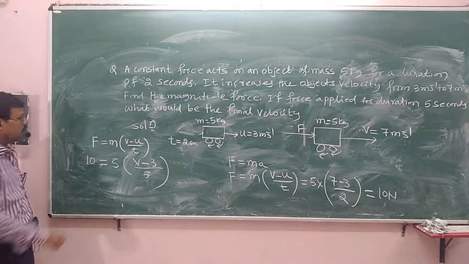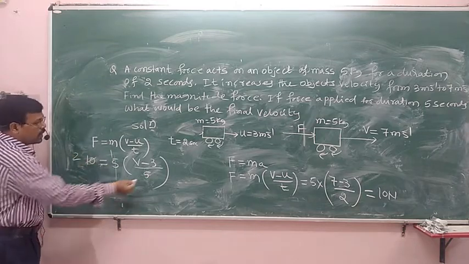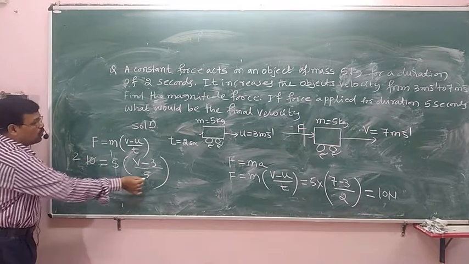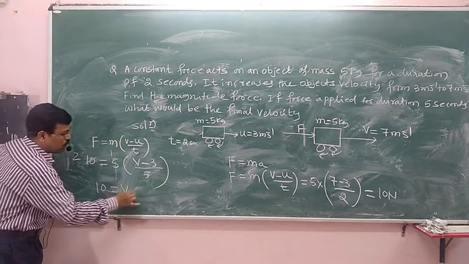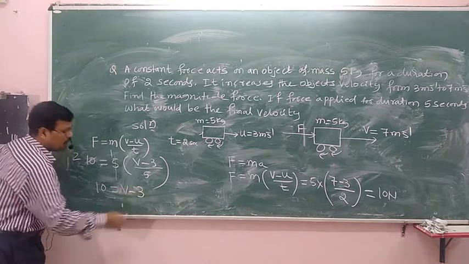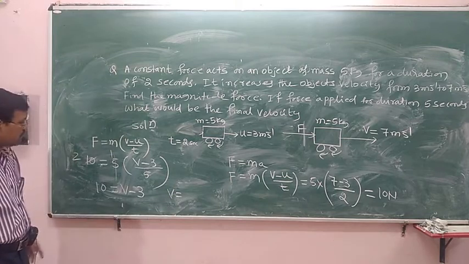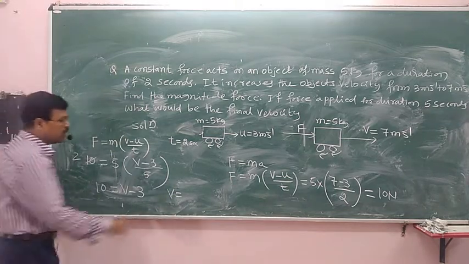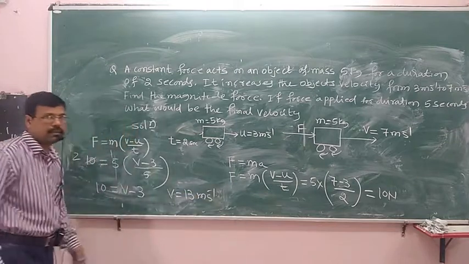So 5 into 2 is 10. 10 is equal to v minus 3, or v is equal to 10 plus 3, that is 13 meter per second.